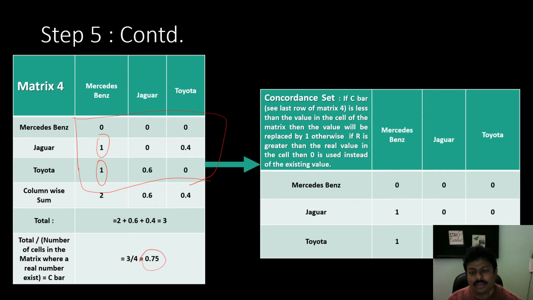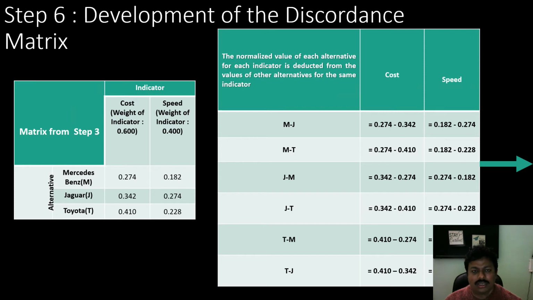That is why this matrix is known as the concordance set. Here you can see only for these two values, this value and this value, we have given 1, 1. But all other values are 0. So we have found our concordance set. The next step will be to find the discordance matrix and discordance set.